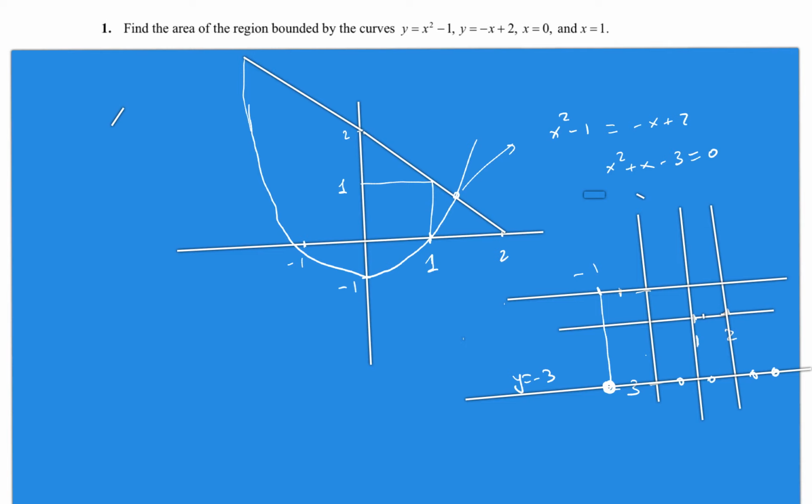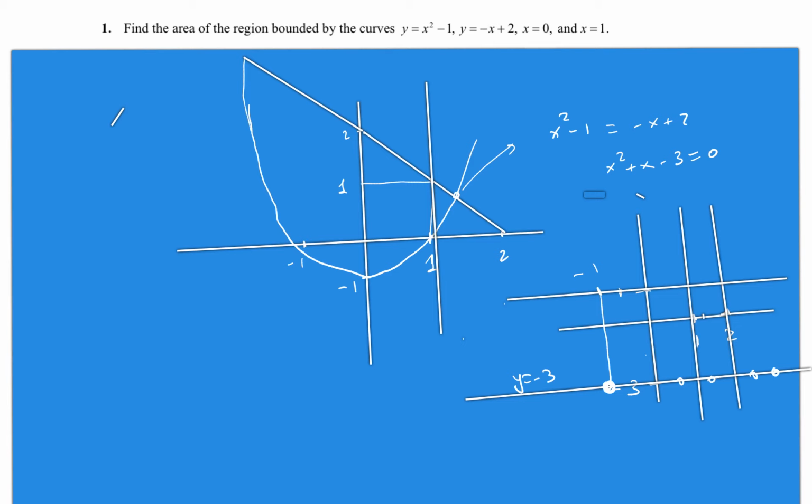And when y equals 0, x equals 2, so it intersects the x-axis at this point. The four curves are the line x equals 0, the line x equals 1. Let's draw the line x equals 1, and the two graphs.